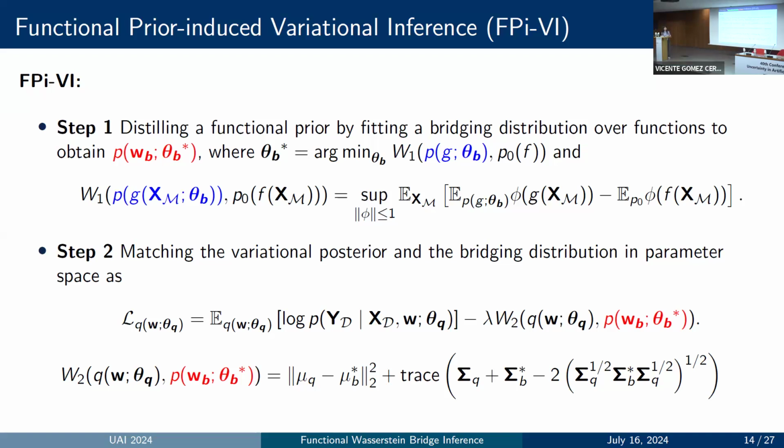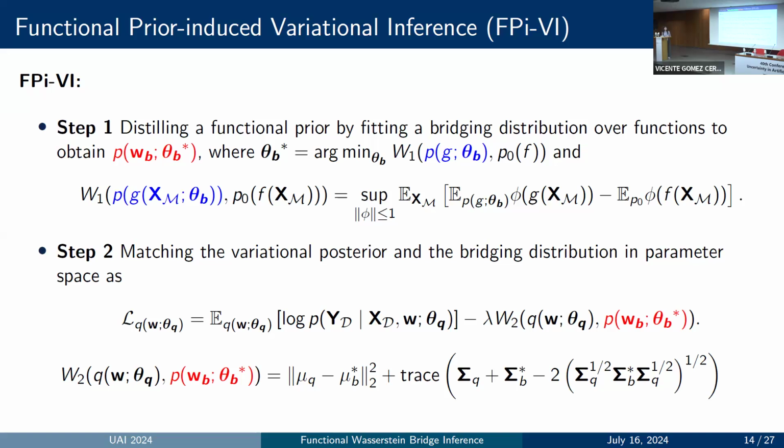Once such optimal theta_B star is obtained, in the second step, we freeze it and use this optimal P of W_B in the regularization term of this ELBO for the variational posterior over parameters. Here this W2 denotes the two-Wasserstein distance.